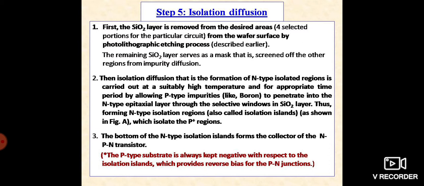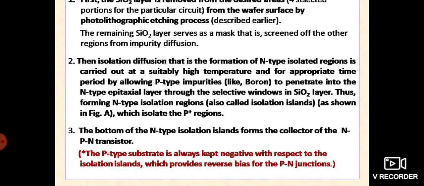So, according to point 3, the bottom of the N-type isolation islands will form the collector of the NPN transistor. As you know, a transistor has 3 different terminals: collector, base, emitter. So by these processes we are trying to make different terminals of the transistor. Up to this we obtain the collector terminal of the transistor.